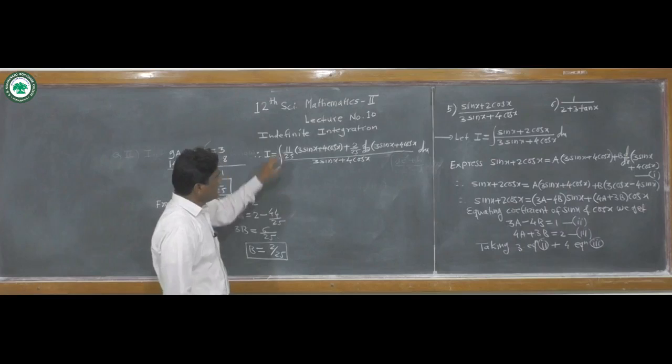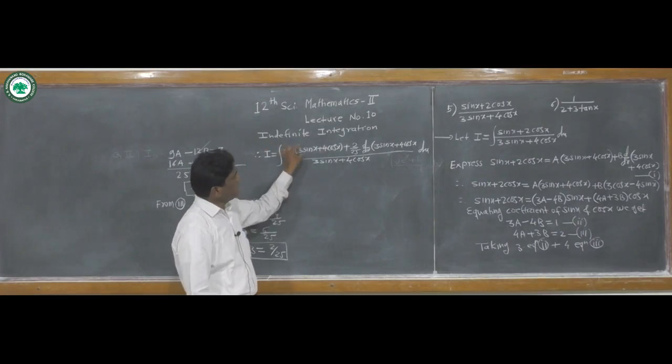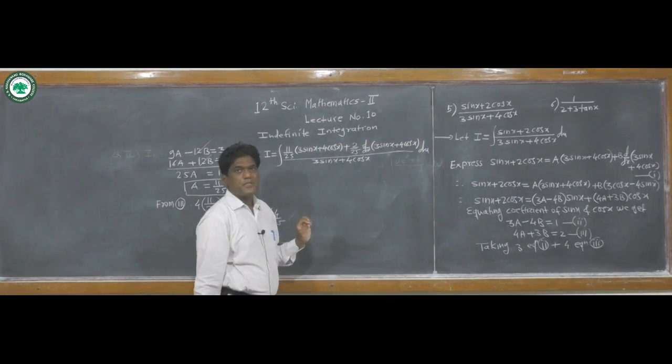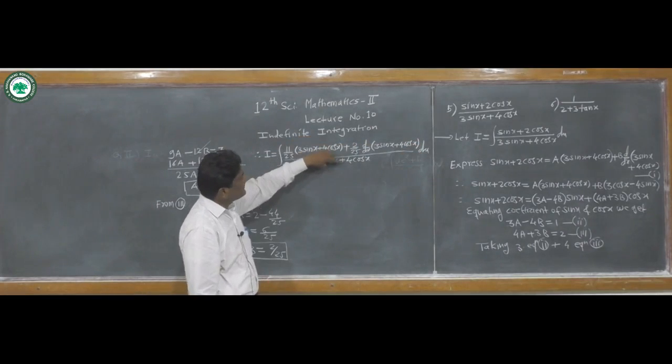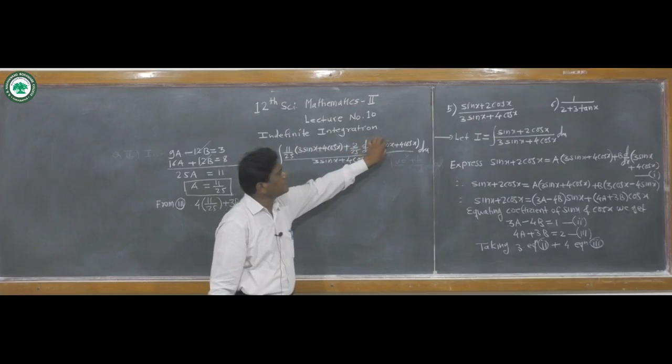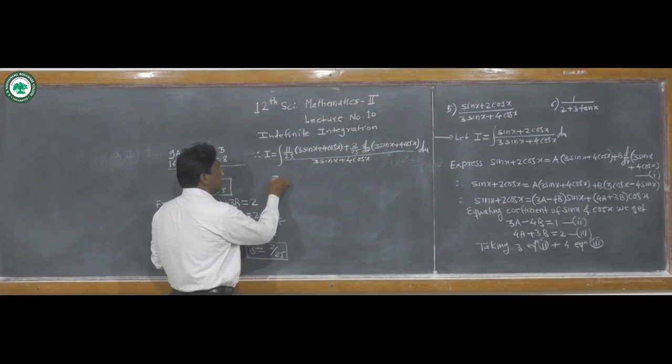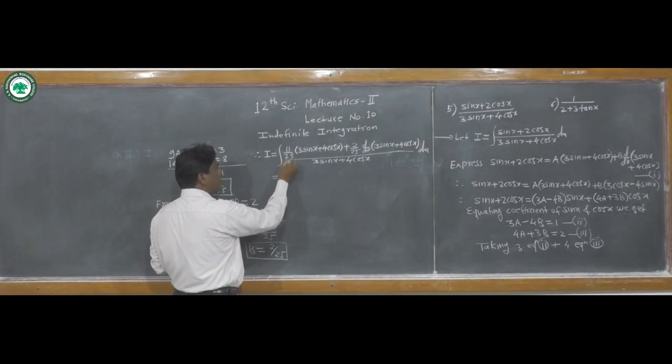And now see here, we take the separate division. In the numerator there are two terms. So divide this term by this denominator and this term by the denominator. And so we get here this 11 upon 25 is constant.